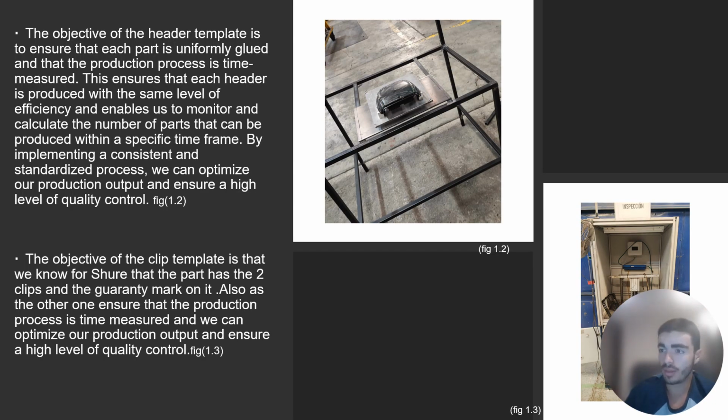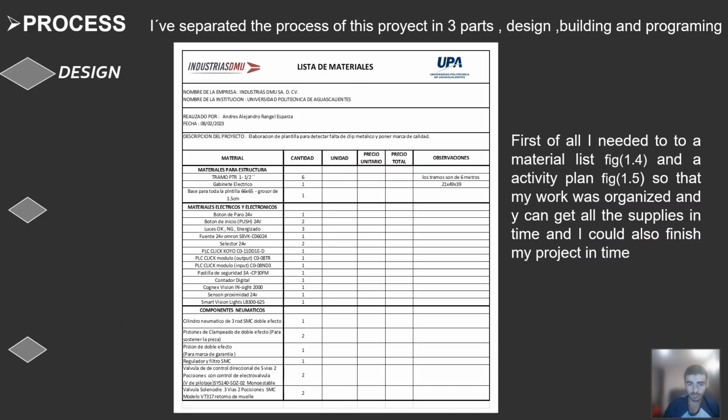Next, this is the objective of each of the templates. We can see here a little bit of the pictures of the templates, but the objective of every template is here in the presentation. So we're moving on.